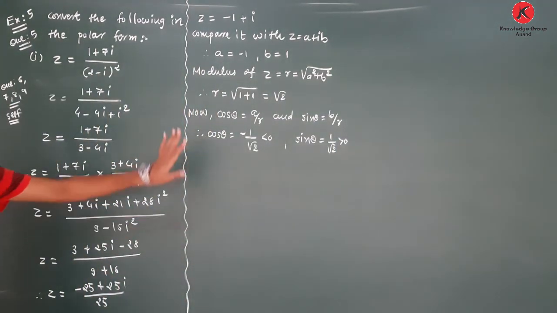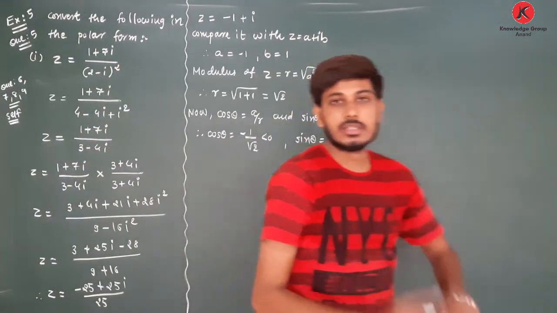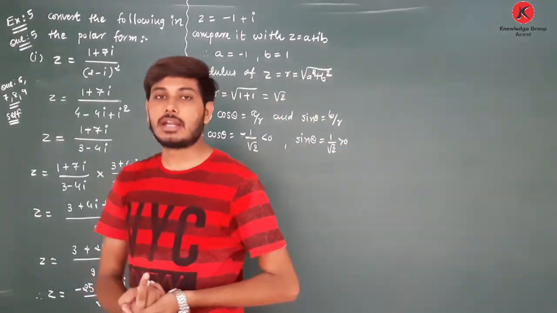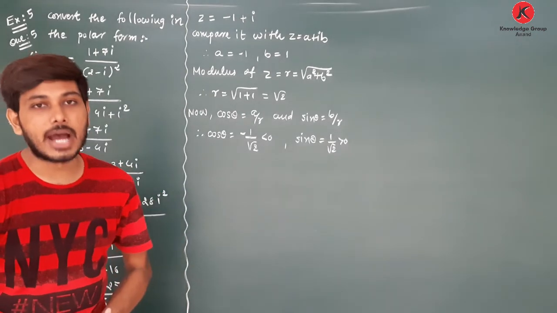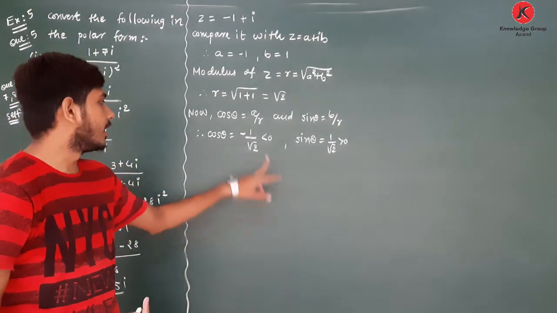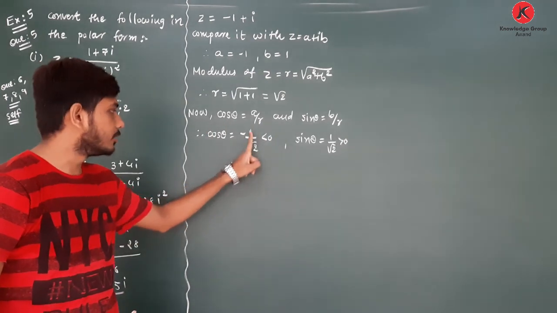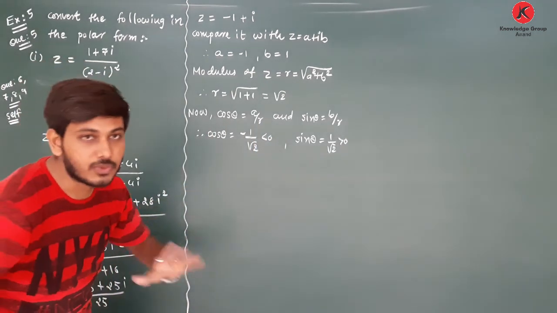Cos theta is negative, sin theta is positive, therefore the quadrant is the second quadrant. In the second quadrant we can write theta equals pi minus alpha. How much is alpha? Cos alpha is 1 by root 2, that means alpha is pi by 4.